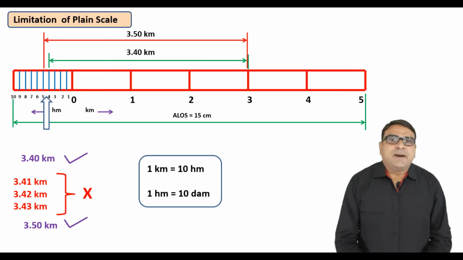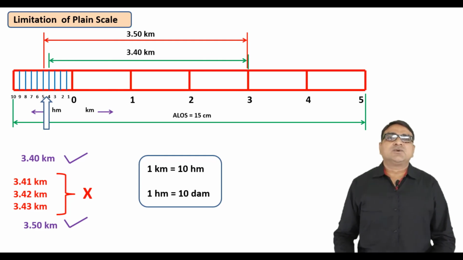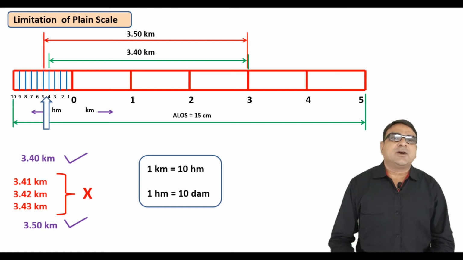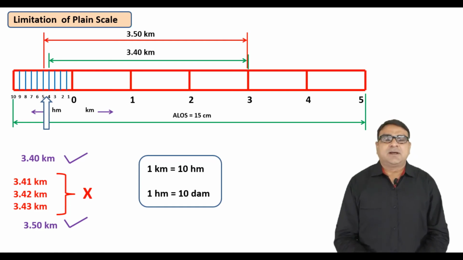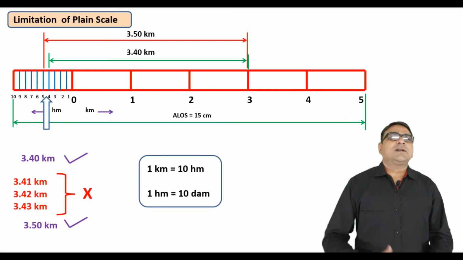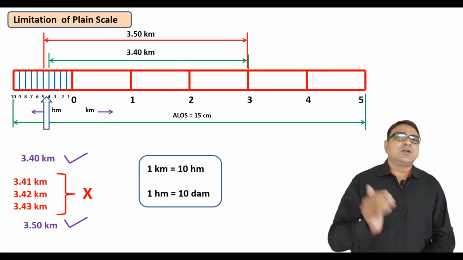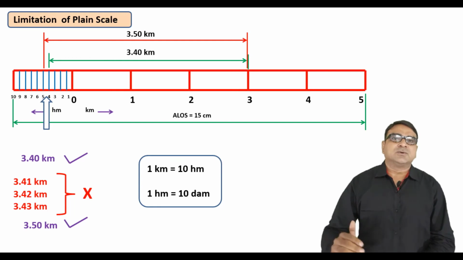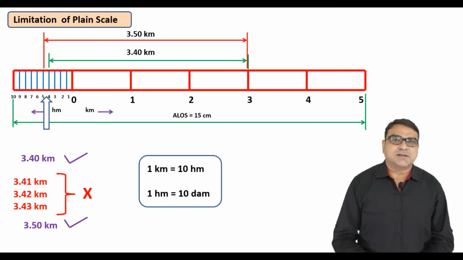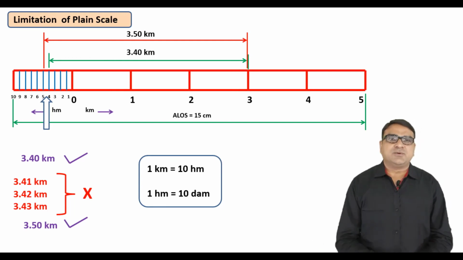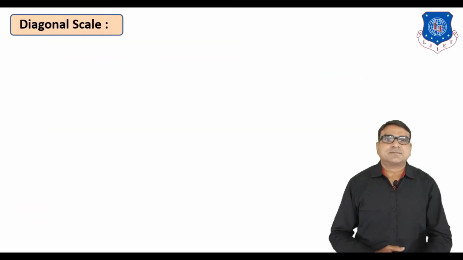So in plane scale, we can show only two consecutive units, like kilometer and hectometer. But in the diagonal scale, we divide this small unit also into n equal parts, which represents three consecutive units. So let us see.